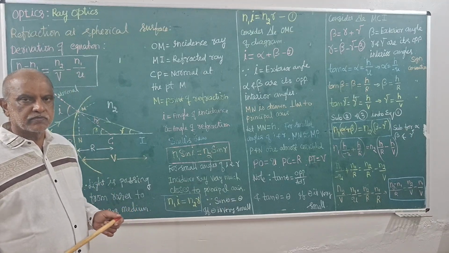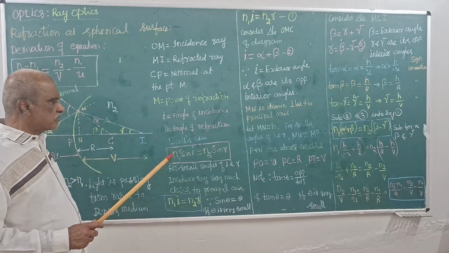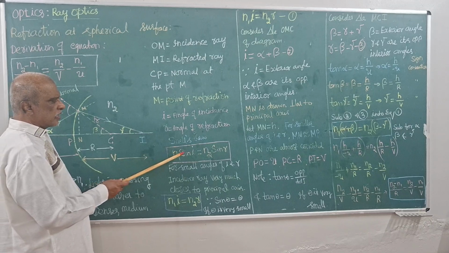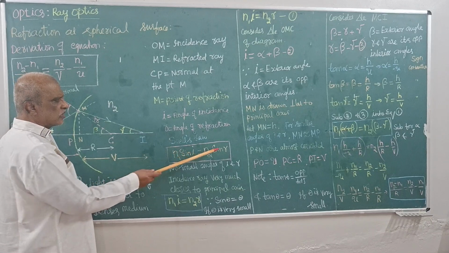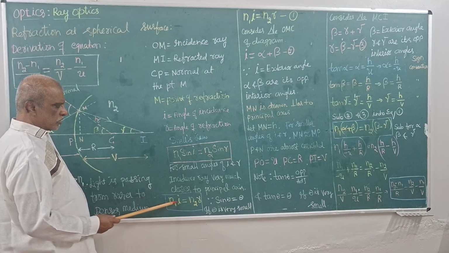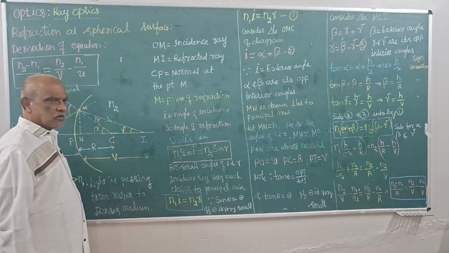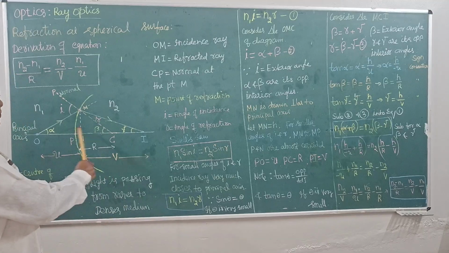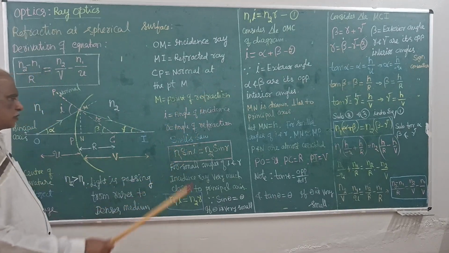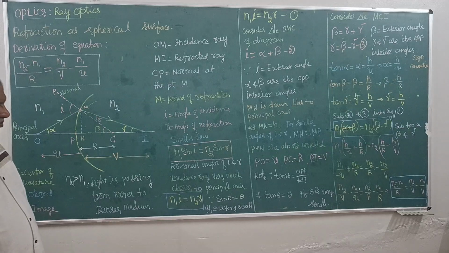If that is the case, what would this law be? Sin I is I only, sin R is R. It reduces to the equation N1I equals N2R for all paraxial rays in spherical refraction.